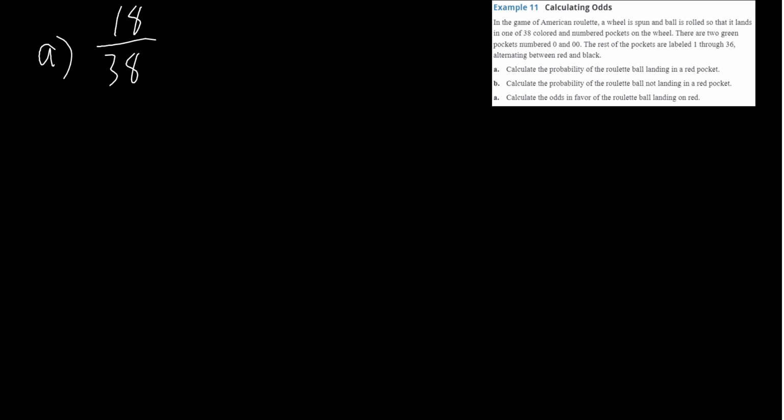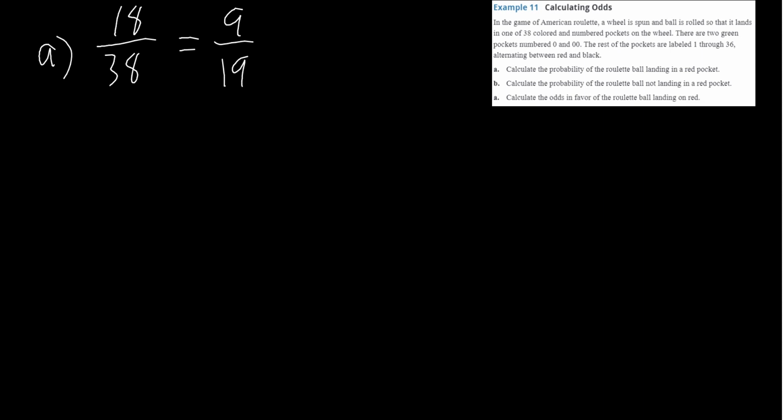Because it's 36, and then the 2 other ones, the 0 and the 00, so that makes 38. So 18 out of 38, so that's 9 out of 19, and we can't reduce any further. So the probability of landing in red is 9 out of 19.